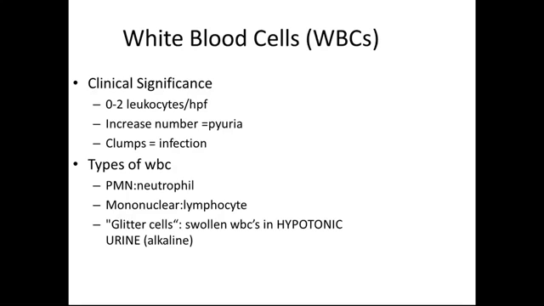There are polymorphic neutrophils, and then there's mononuclear white blood cells, which we often call lymphocytes. And then we also have what are called glitter cells, which are swollen white blood cells. And these happen in hypotonic urine, which means a low specific gravity and also an alkaline pH.